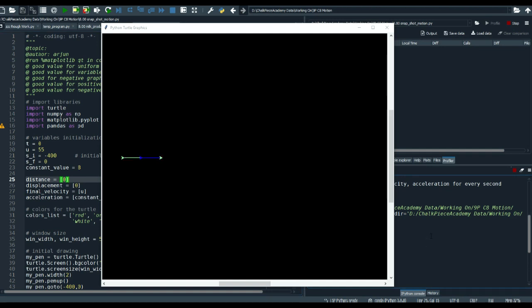Going fast, then I'll slow it down a bit. Then again, I'll make it go faster. Then at the same speed. And now I'll stop this. So this is an example of non-uniform motion clearly.